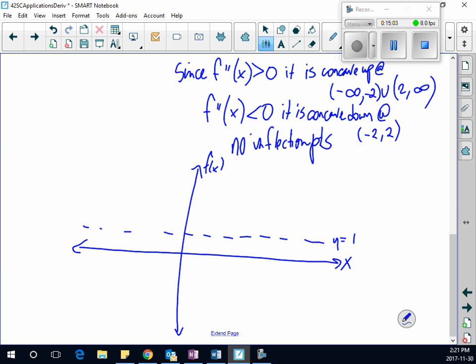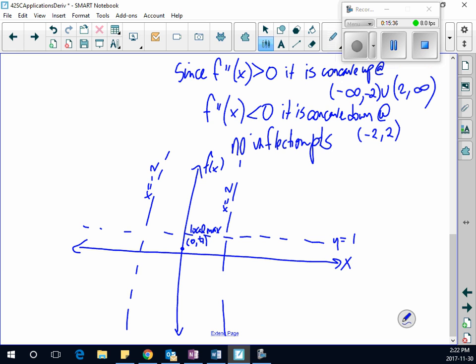I have vertical asymptotes at x equals -2 and x equals +2. I had a local max at, where was it? 0, 1/4. So right there, I have a local max. So I'll put local max 0, 1/4.